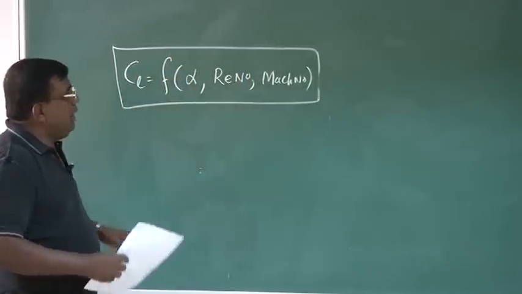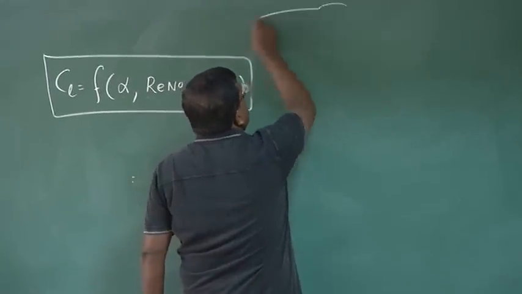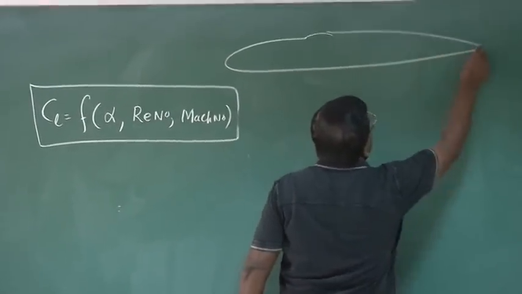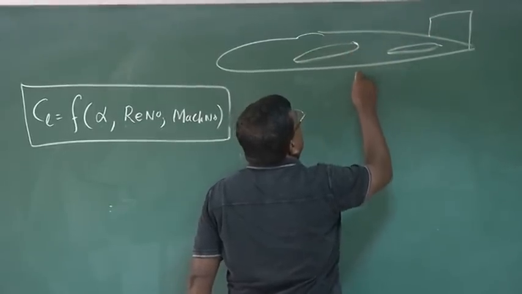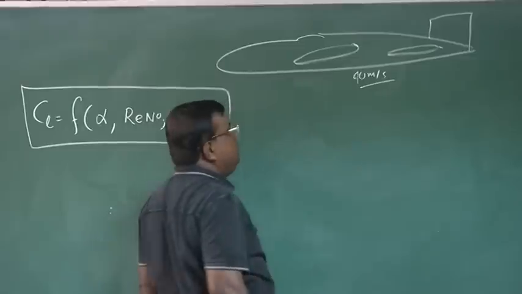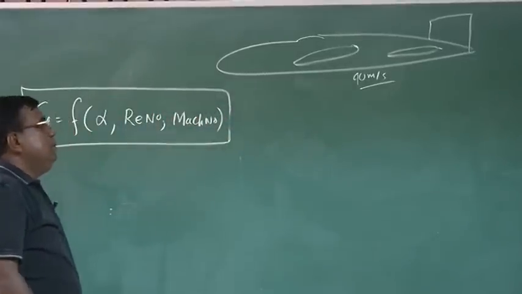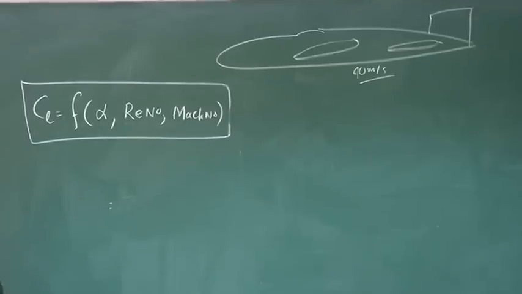So suppose there is a big airplane flying at, let's say, 90 meters per second, so less than 0.3 Mach number. Altitude is chosen like that. Now, what do I do to take help of it?